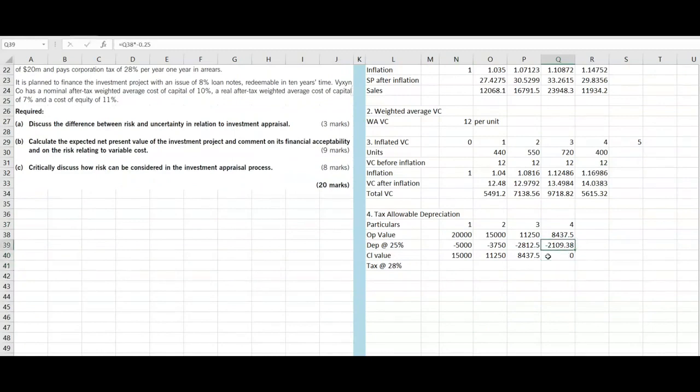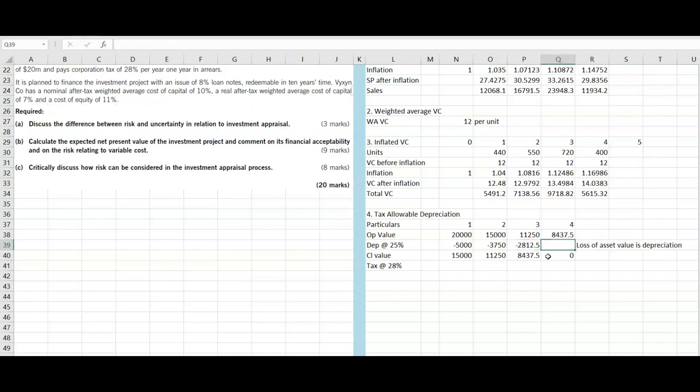Okay. So we don't need the formula for calculating the depreciation. That's not required. But what happens is the difference between the opening value and the scrap value is the loss. It is a loss of the asset. So loss of asset value is depreciation. Okay.